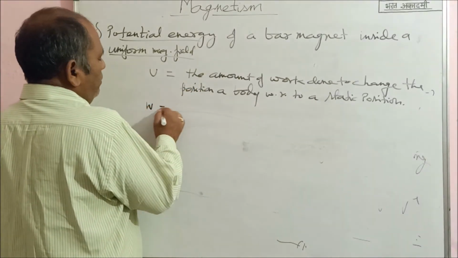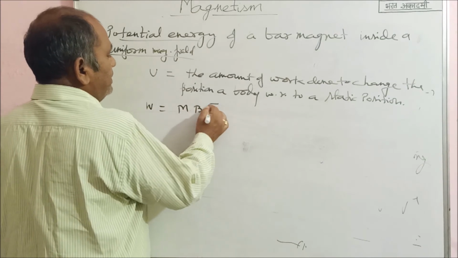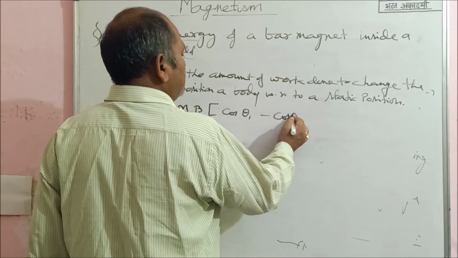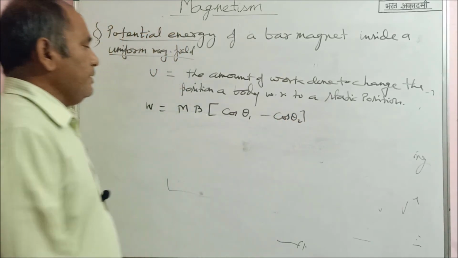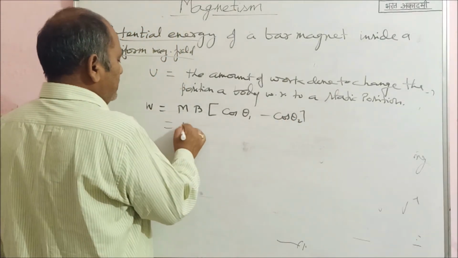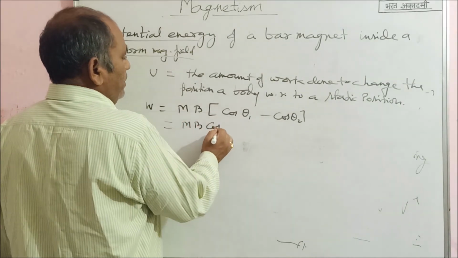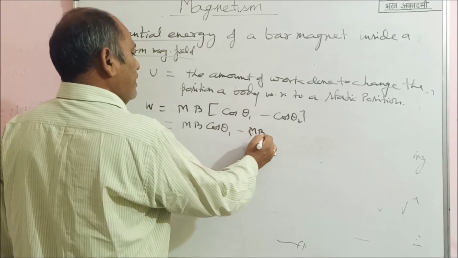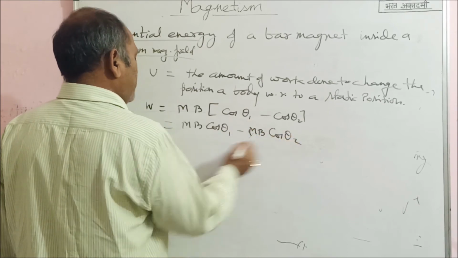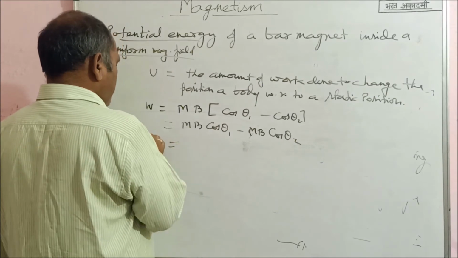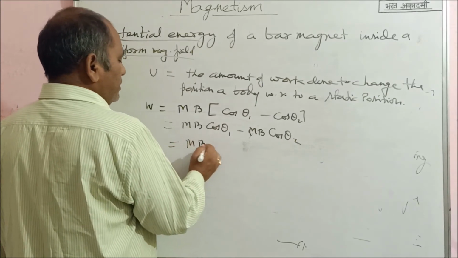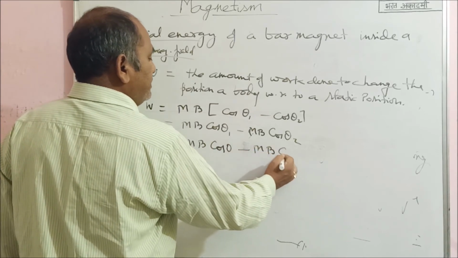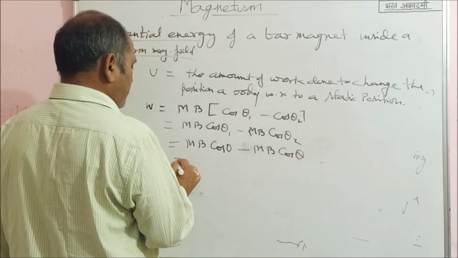If you do remember, W we got mB (cos theta 1 minus cos theta 2), right? If I write down like this, mB cos theta 1 minus mB cos theta 2, right? And if I took cos theta 1 as cos 0, the static position, minus mB cos theta, right?